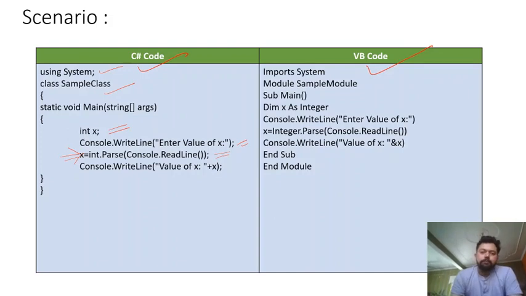Next we are printing the value of x: Console.WriteLine, the value of x is plus x.